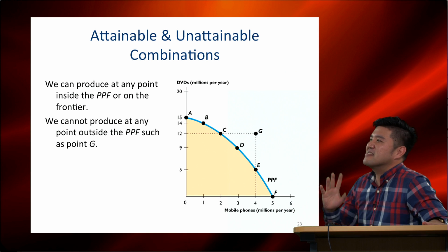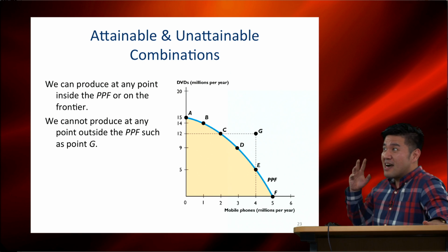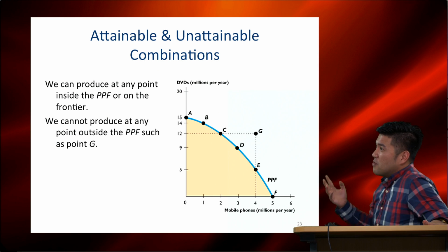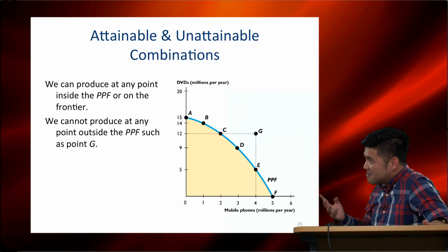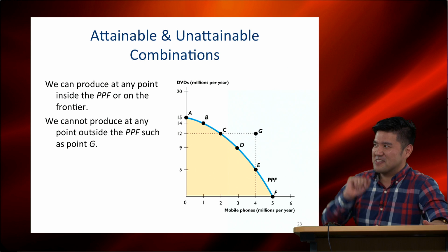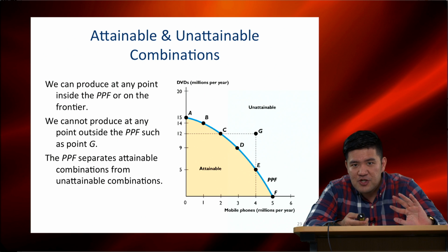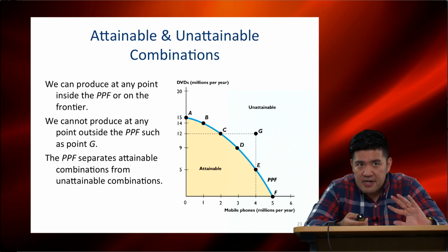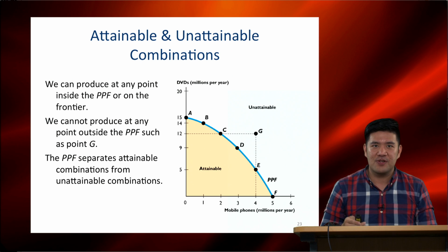Or any point inside the PPF is fine. We can do that. But with the current resources that we have and the state of technology that we are at the moment, I'm sorry guys, point G is not possible for the time being. So essentially the PPF separates attainable combinations from unattainable combinations.